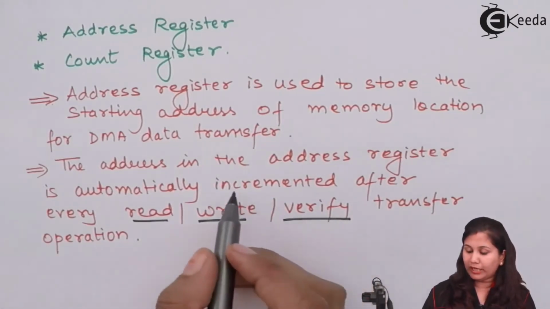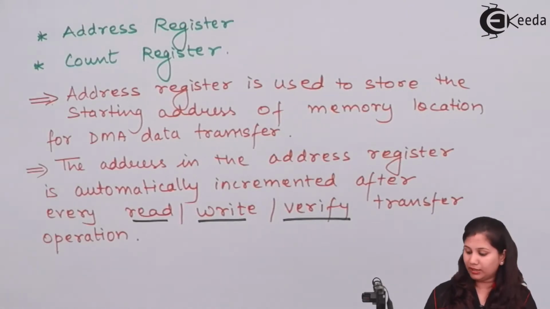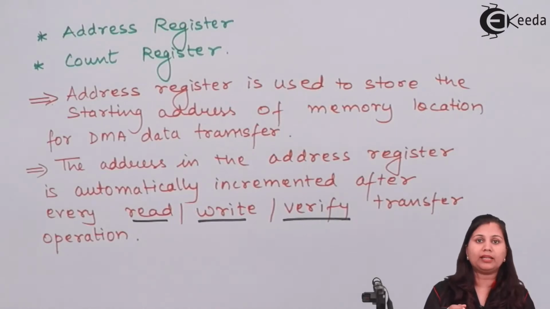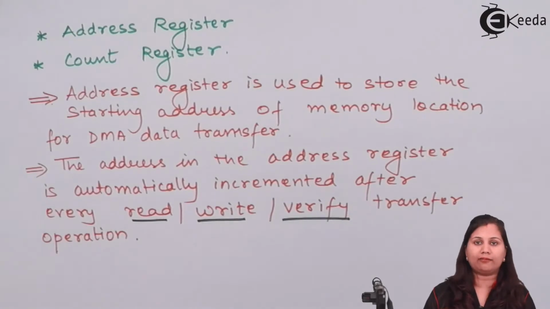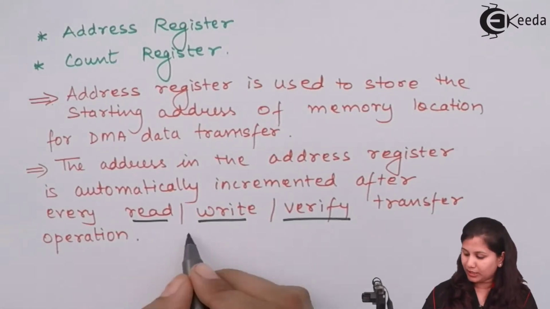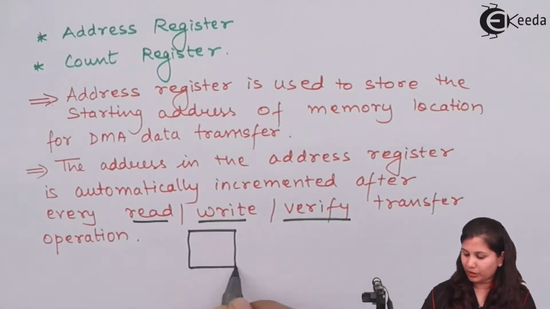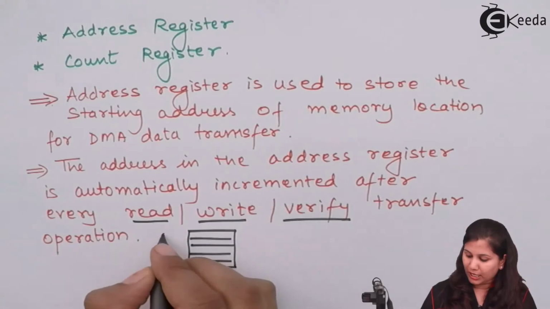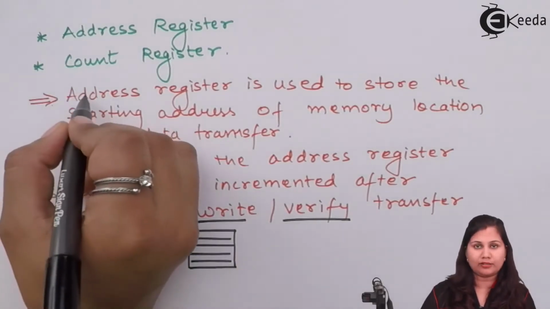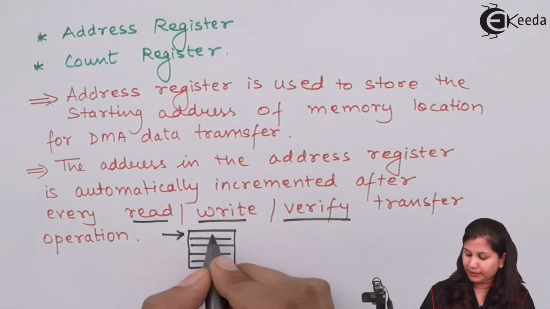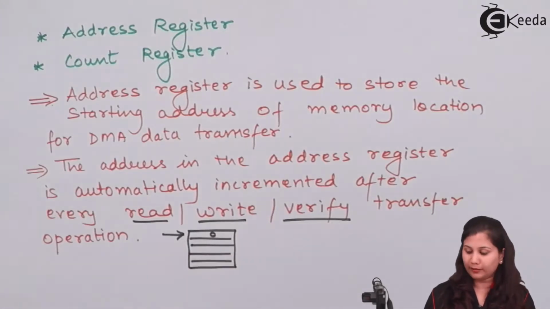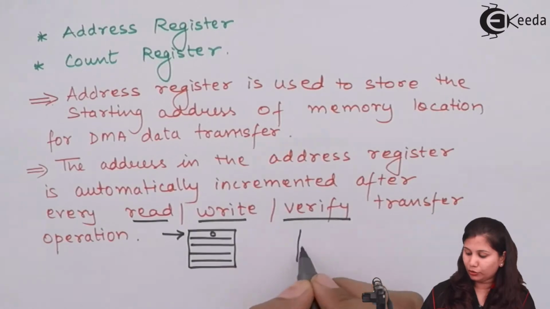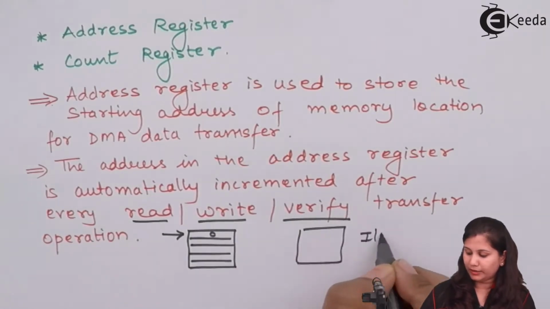And for every bit which is transferred, when these operations are done, the address in the address register will be incremented, and the data at the next memory location will be transferred. So suppose this is the memory location having the stored data which is to be transferred. The starting address will be held by the address register, and suppose 0 is stored there, so 0 will be transferred to an input output device.